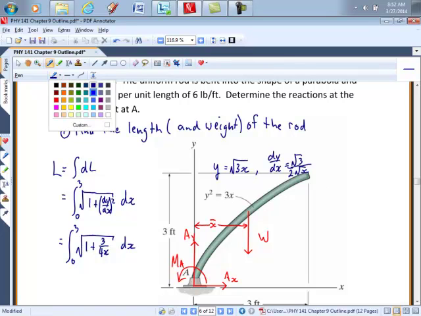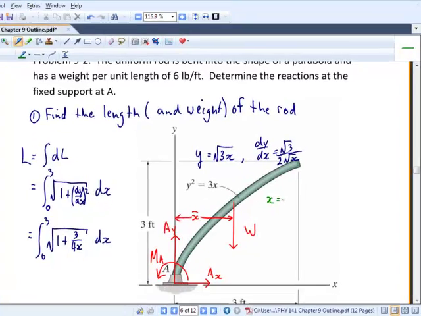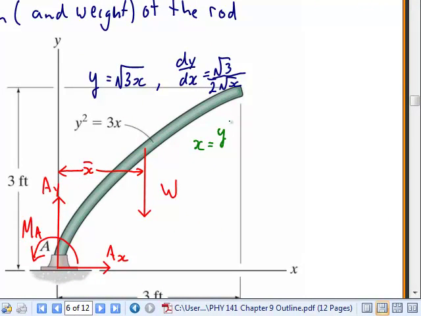Let's switch colors. So if I want to write this equation with x as a function of y, all I need to do is divide both sides by 3. So x equals y squared over 3, and then dx dy is 2/3 y.